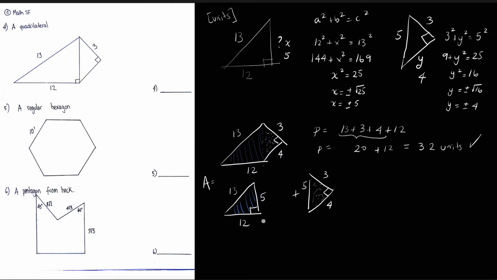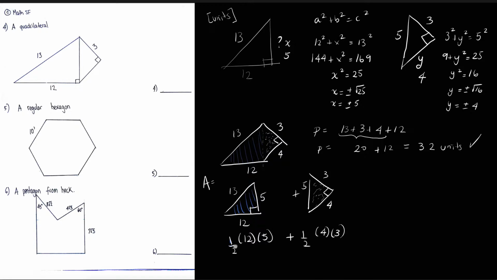The area of any right triangle is 1/2 the product of its legs, or base times height. So I'm going to have 1/2 times 12 times 5, plus 1/2. Be careful here, the legs are 4 and 3, so it should be 4 comma 3.